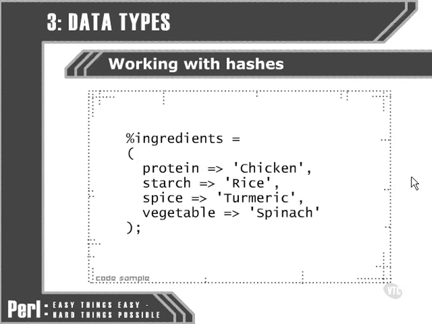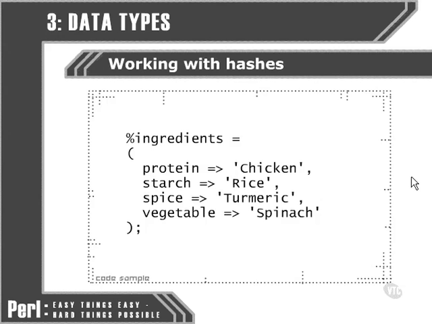This is how we initialize a hash. Some of it is very similar to the way in which we initialize an array. However, with an array, we just type out the values. The array works out the keys, that is the numeric keys, 0, 1, 2, 3, and so on, itself. With the hash, we're able to specify the names of the keys here.